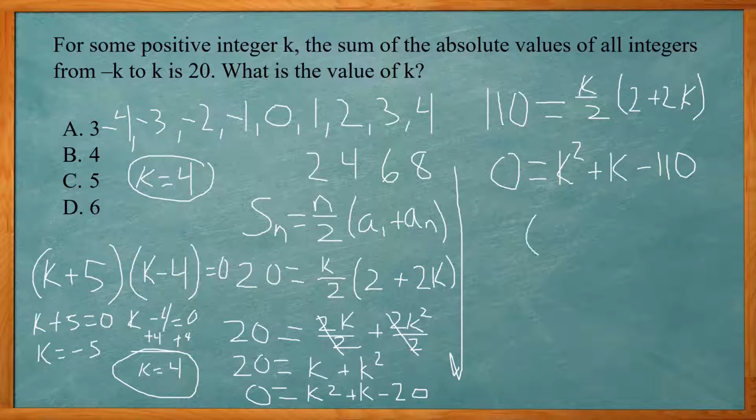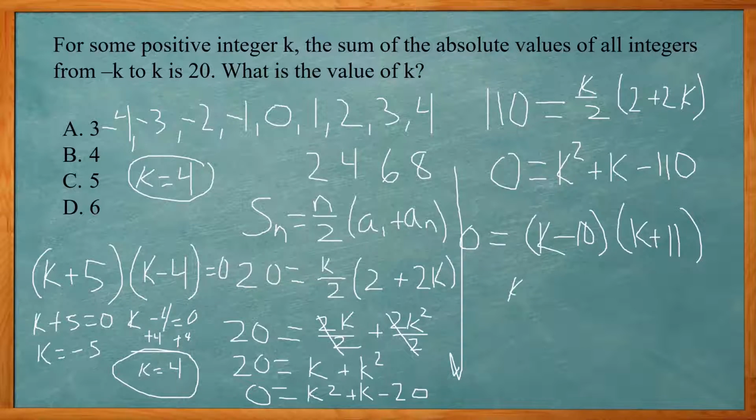And then again, I come up with my two sets of parentheses. We need two numbers that multiply to give you negative 110 and add up to 1. Our two numbers will be 11 and 10, where 11 needs to be positive and the 10 negative.